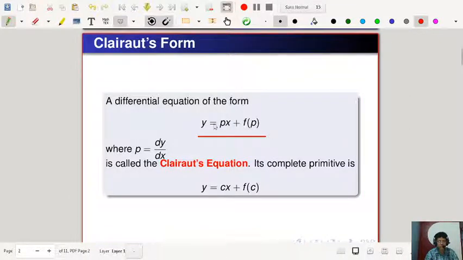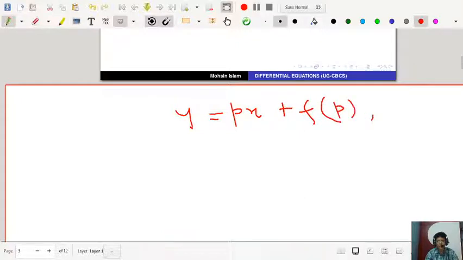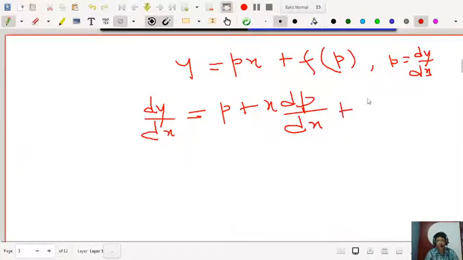If you differentiate both sides with respect to x, let me show you once again. Your equation is y equal to px plus a function of p, where p is dy/dx.